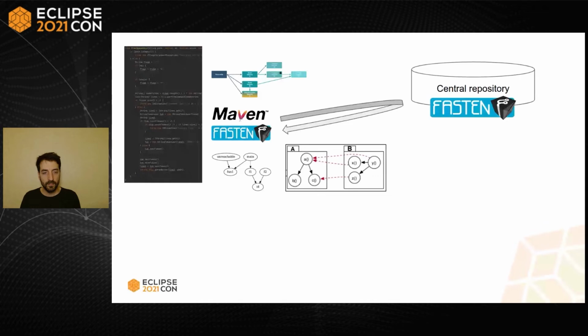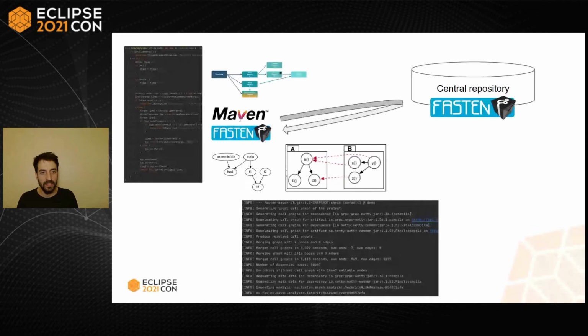So again, what Fasten does is it will generate the call graph for your application, get the call graph for your dependencies and all the associated quality metadata, security vulnerabilities, licenses, and so on from the central repository, and stitch that all together in order to give you an accurate vision of what action you need to take to fix potential issues on your project.